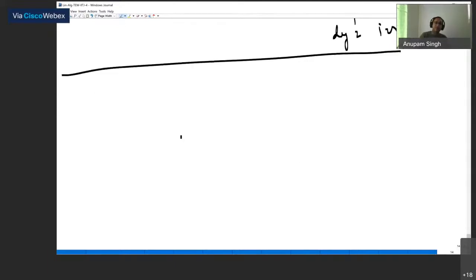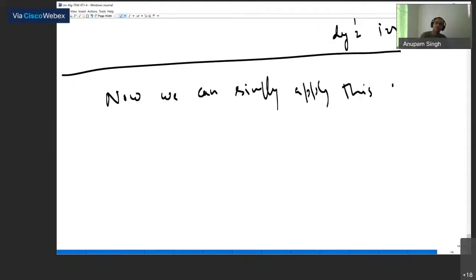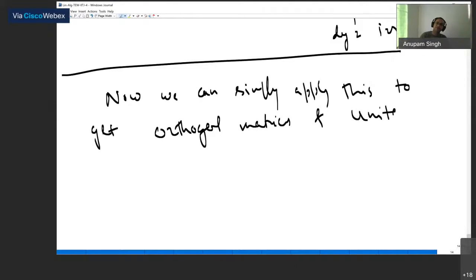And now you can apply this to get structure. Now we can simply apply this theorem like this to get orthogonal matrices and unitary matrices up to conjugacy.